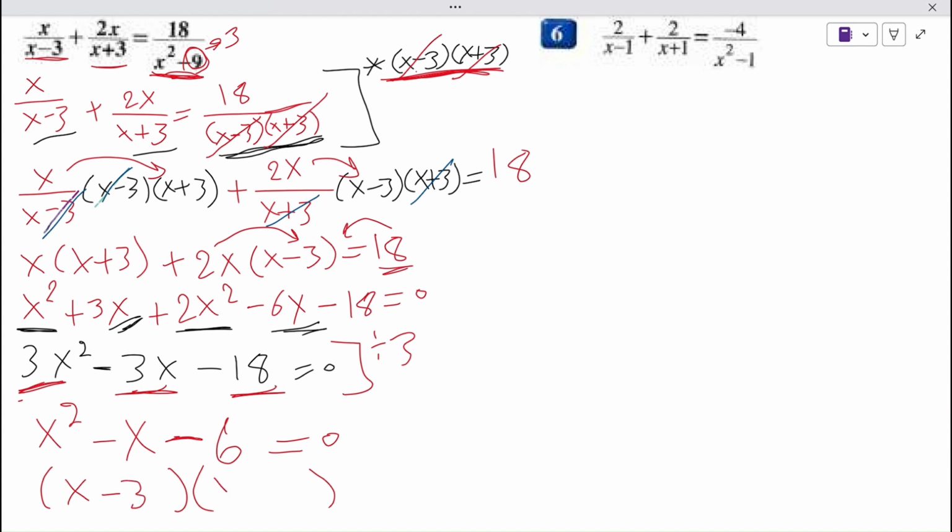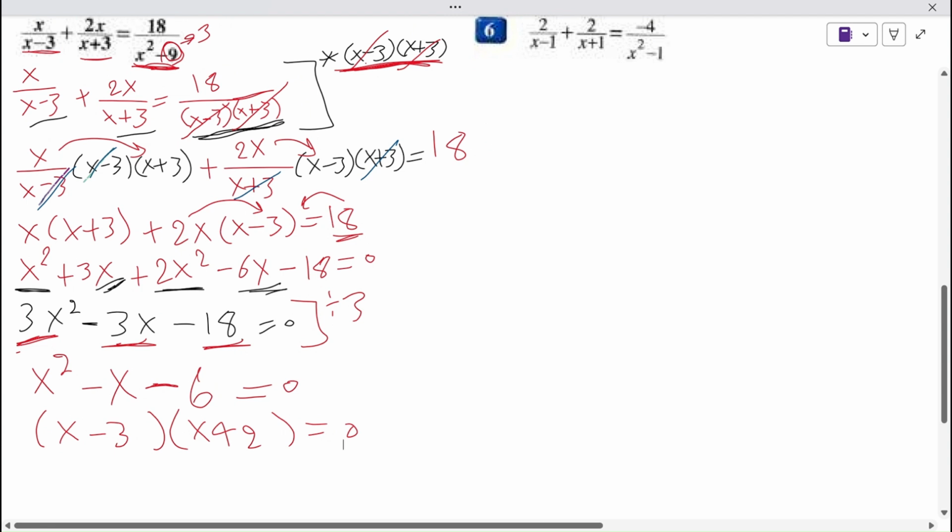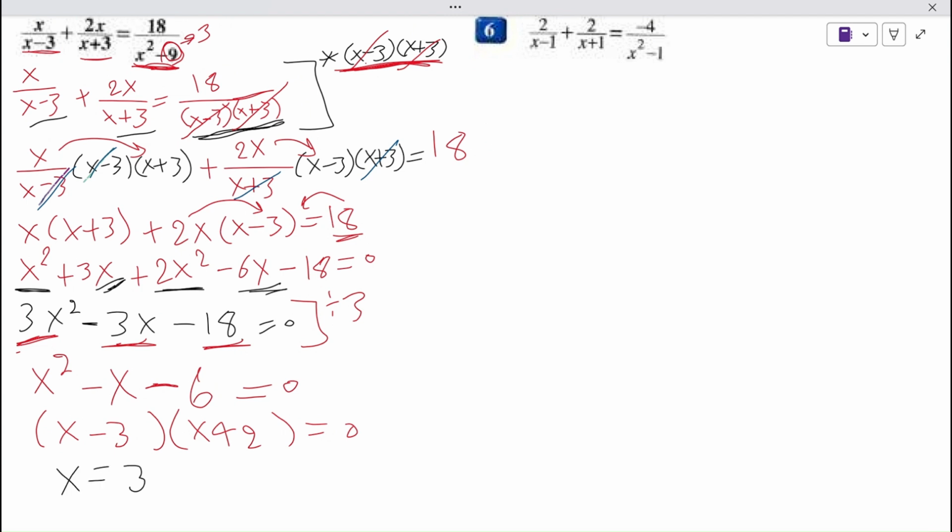What about the value of x? The value of x here, x is equal to 3, and here x is equal to minus 2. This is our solution, but I told you, look at the denominator of this rational expression.